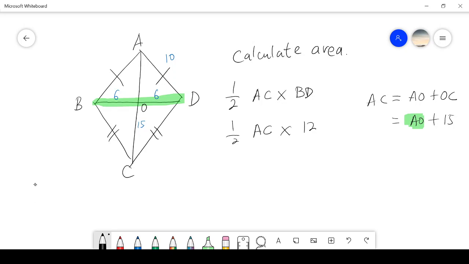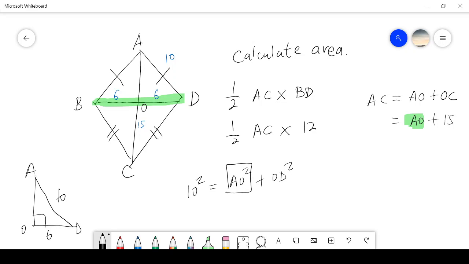We can use a theorem that you have studied called the theorem of Pythagoras. Now, the theorem of Pythagoras states that the hypotenuse squared is equal to the sum of the other two sides squared. So 10 squared is equal to AO squared plus OD squared. Since we want this, we can say that 10 squared minus 6 squared is equal to AO squared.